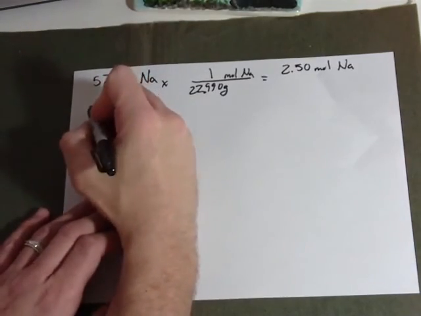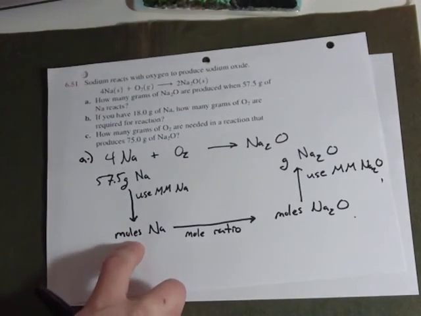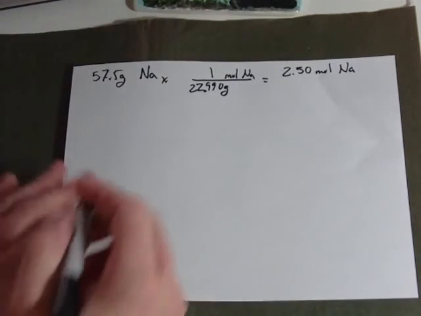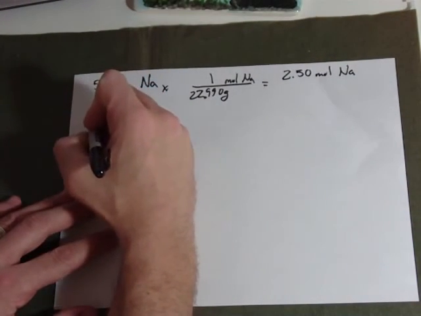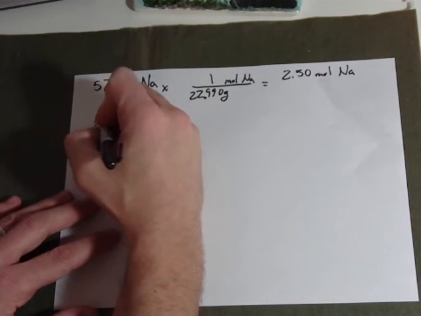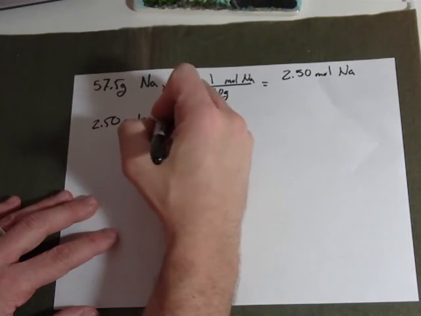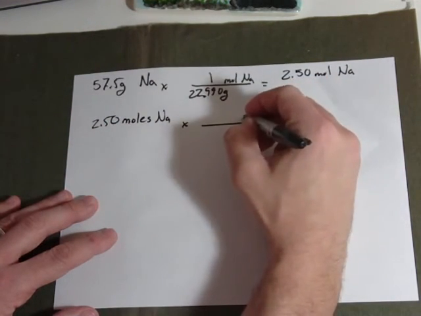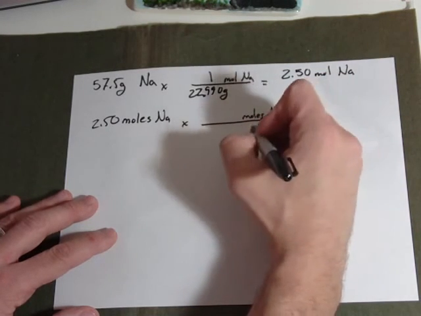Now, looking back at our little map, we got our moles of sodium. Now we need to use our mole ratio to figure out moles of sodium oxide. So we have 2.5 moles of sodium. We want to determine moles of sodium oxide.